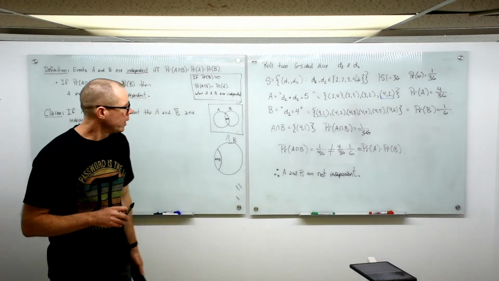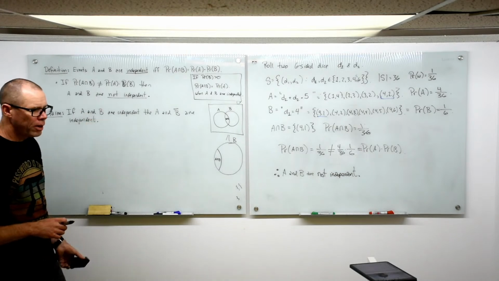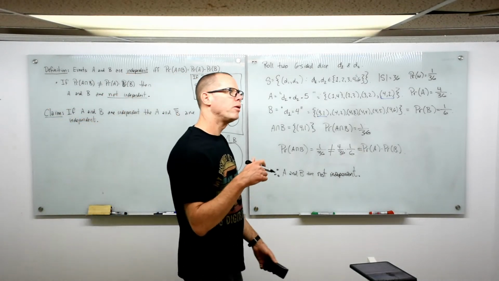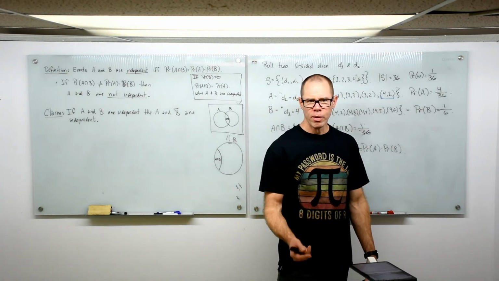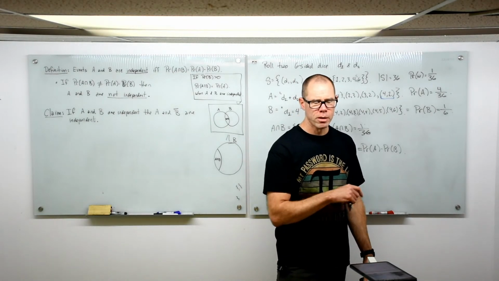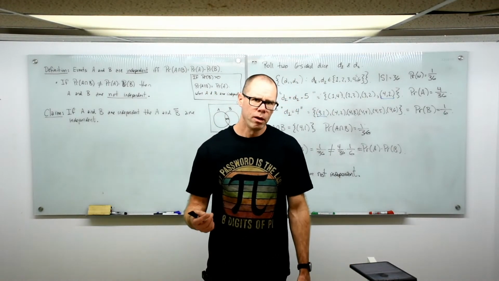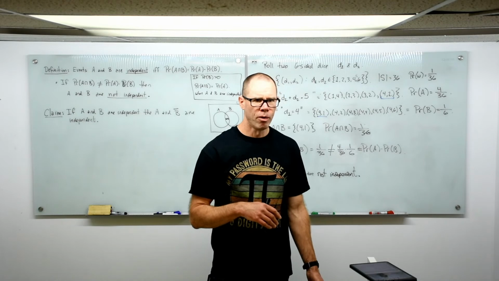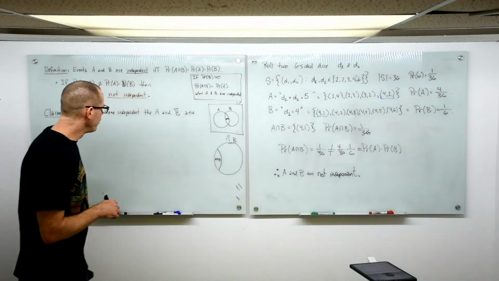Intuitively this makes sense. A and B being independent means if I tell you B happened, it doesn't give you any information about whether A happened. So if I tell you that B didn't happen, that shouldn't give you any information about whether A happened either.